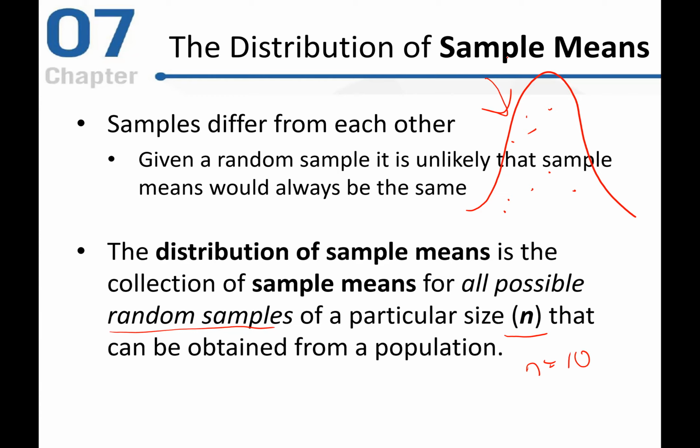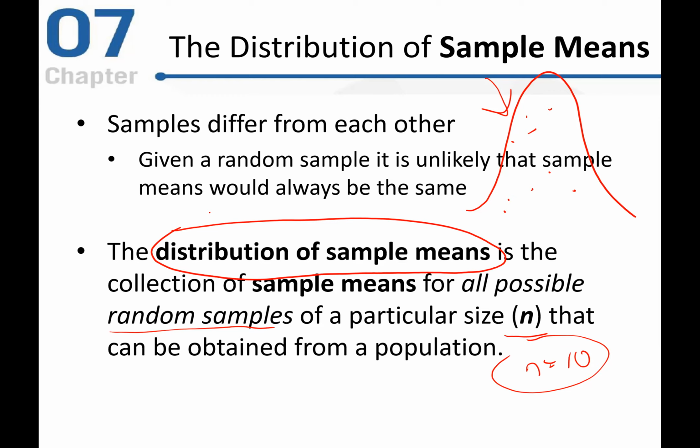For each of those samples, we calculate the sample mean, and all those sample means piled up become what is called the distribution of sample means. So it's a whole bunch of sample means of a certain sample size.